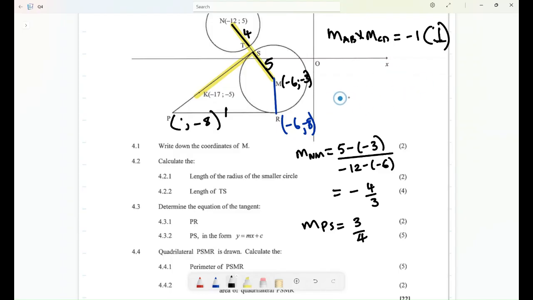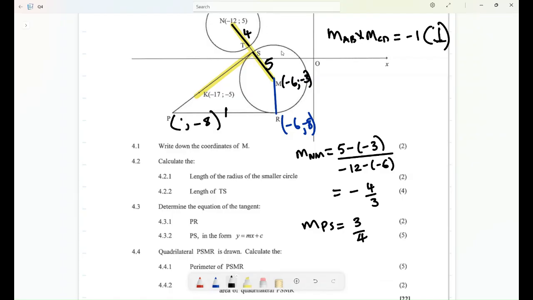Similarly, I should take the reciprocal of this, okay? Can you see that if I multiply 4 divided by 3 as well as 3 divided by 4, it gives me just positive 1. So to the other one, I just need to put a negative there. If this is negative, it means the other one should be positive.